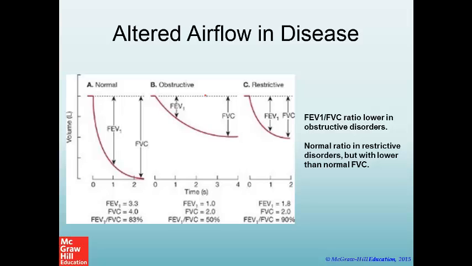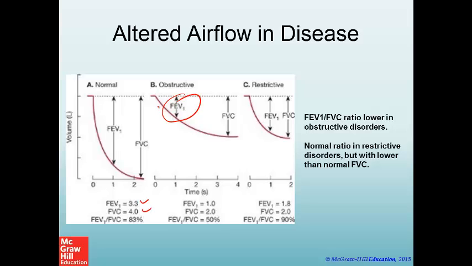So under normal conditions, here we have an FEV1 of 3.3 and a vital capacity of 4.0. So that gives you an FEV1 to FVC ratio of 83%. Normal. If you have an obstructive disorder, so an obstructive disorder is obstructing flow, then what you're going to have is a greatly reduced FEV1.